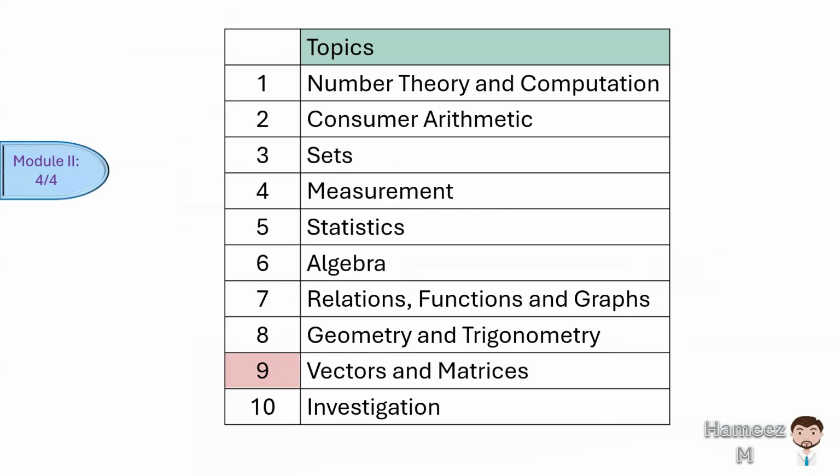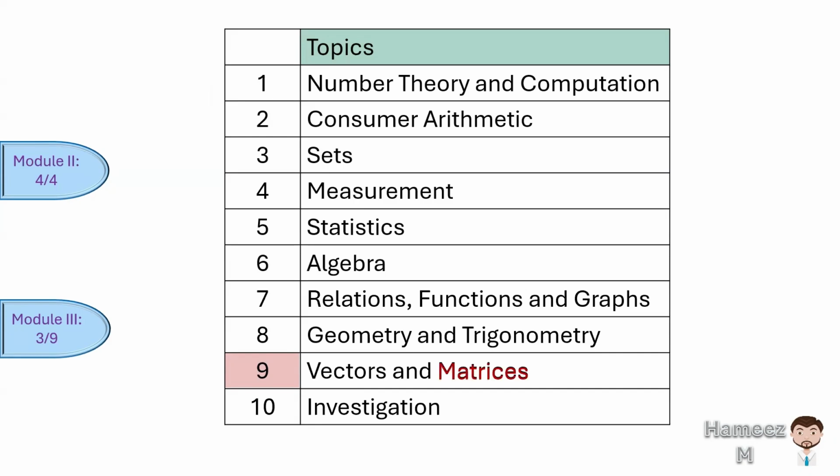And they will have 4 questions or 4 marks for multiple choice on vectors and matrices, and 4 on the written or long paper, paper 2. And in module 3, they will have 3 questions on multiple choice for topic number 9, and 9 questions, 9 marks, for the long paper.